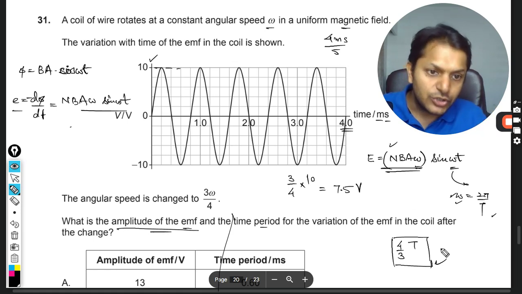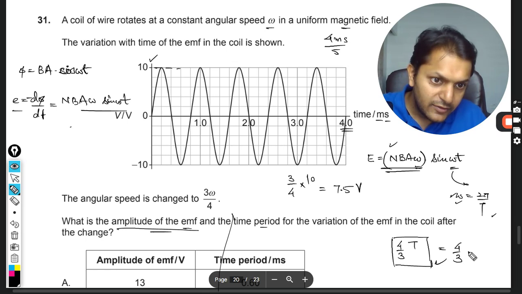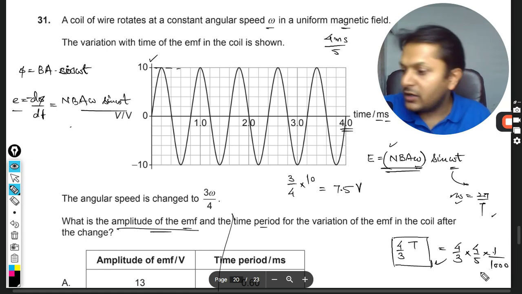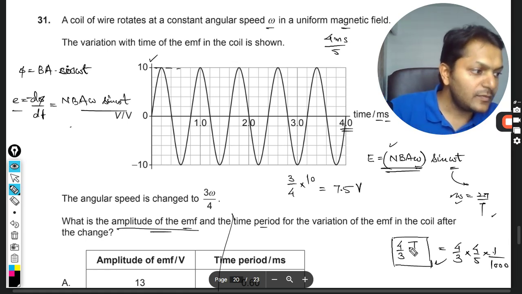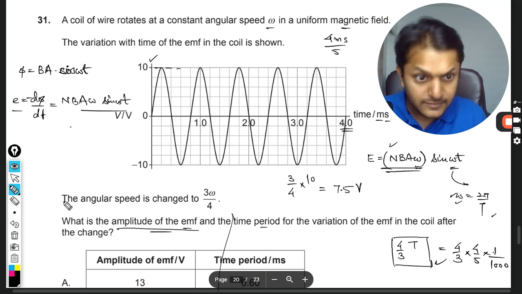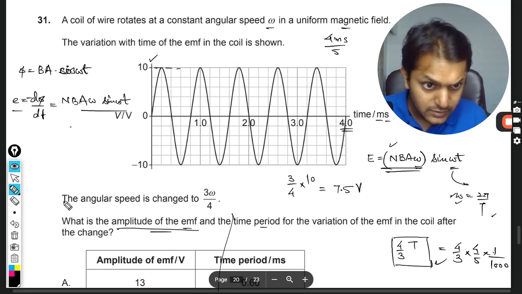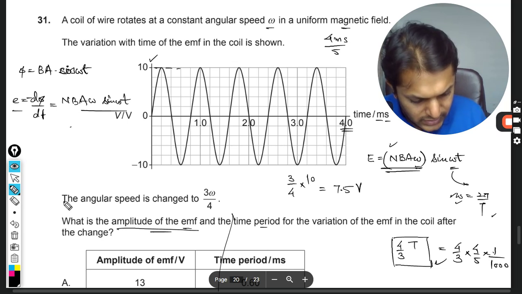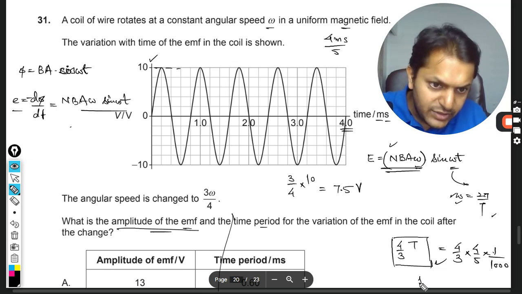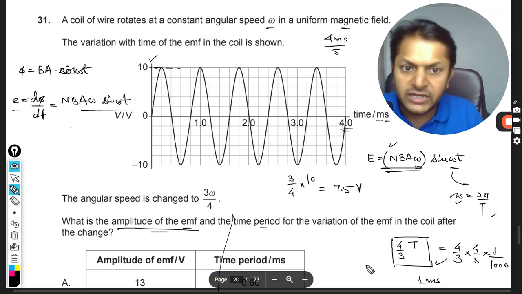So it will be 4 by 3 into 4 by 5 milli. One moment, please. Yes, I'm getting the value as 1 milli. So the time period will be approximately 1 millisecond.